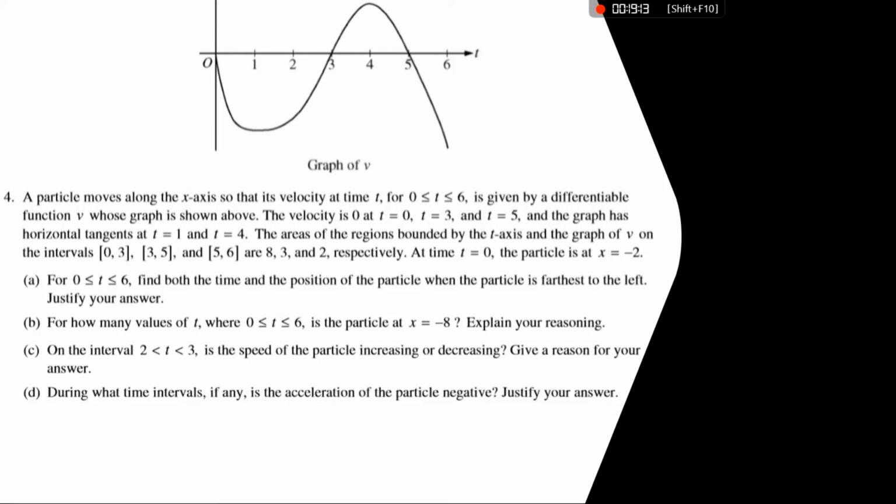Last one. During which intervals, if any, is the acceleration of the particle negative? So slope is negative, at 0 to 1 and 4 to 6.